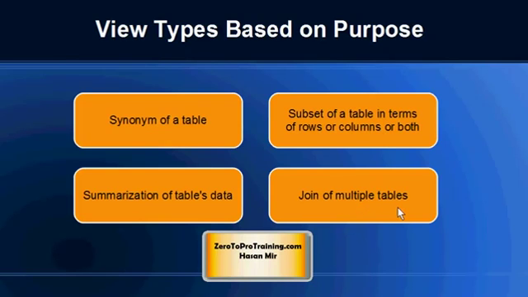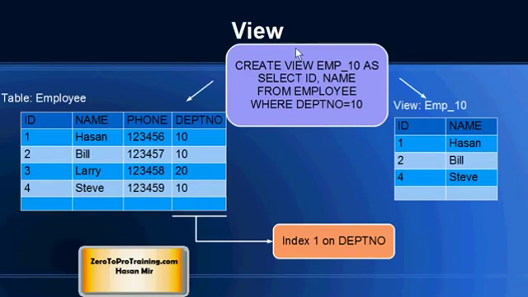Also, if you have related data in multiple tables and you do not want to issue a join statement again and again, you can simply create a view to reflect the join of data residing in multiple tables. So in our example, we created a view on the base table employee that reflects only the ID and name columns and only the data for department 10 employees.